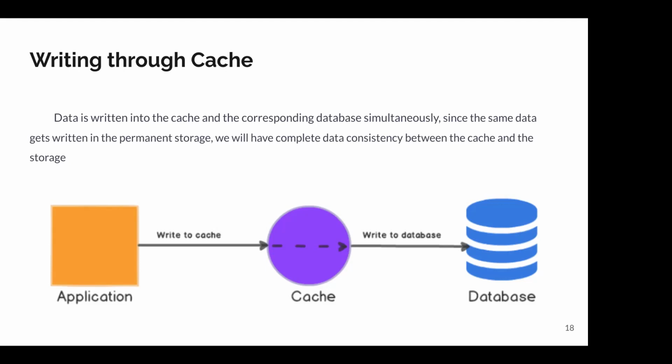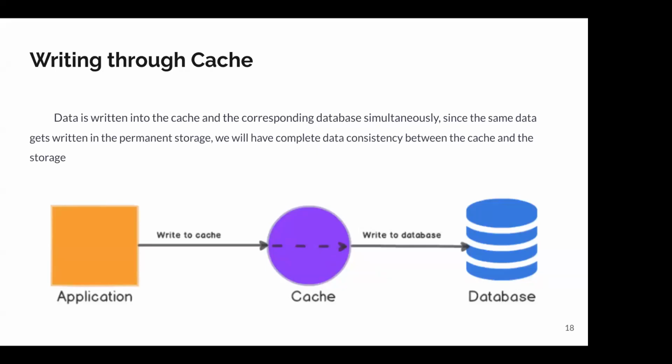First one is the write-through cache, in which data is written to the cache and also to the corresponding database simultaneously. Since you are writing to the cache as well as to the database simultaneously, the data will always be consistent between both the cache and the storage, right?